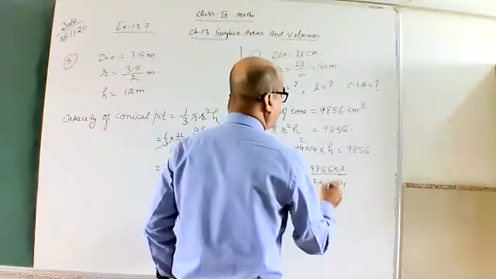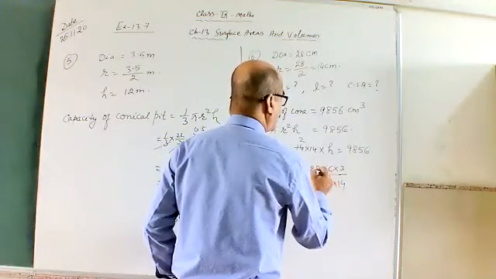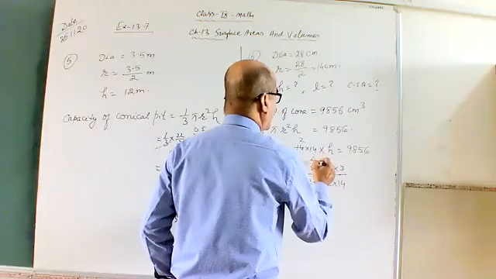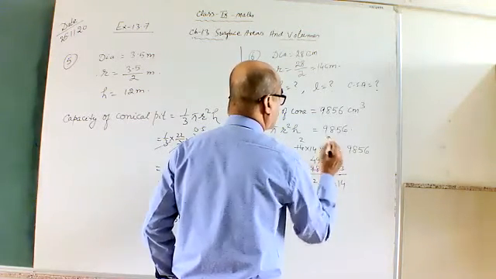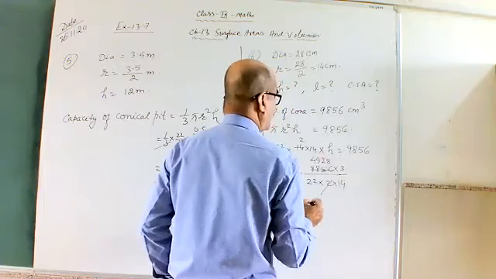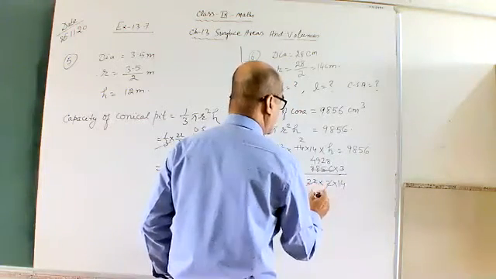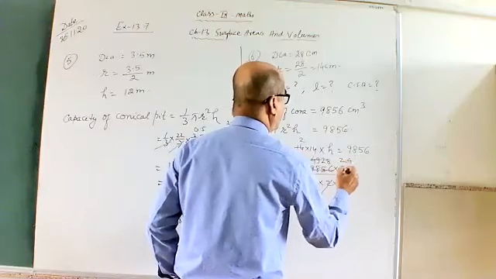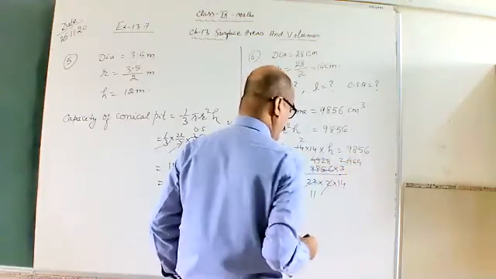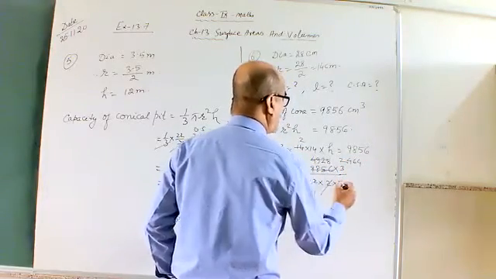Now cancel it. 2 4s are 8, 2 9s are 18, 2 2s are 4, 2 8s are 16. Then again by 2, and again by 2.